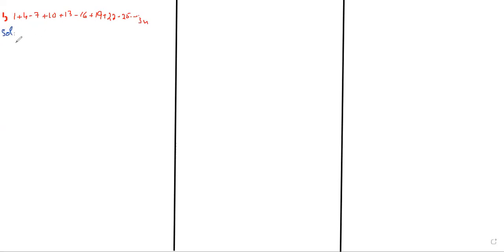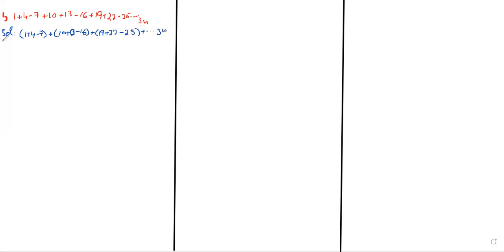Solution. Okay, make pairs. 1 plus 4 minus 7, plus 10 plus 13 minus 16, and 19 plus 22 minus 25, up to 3n.